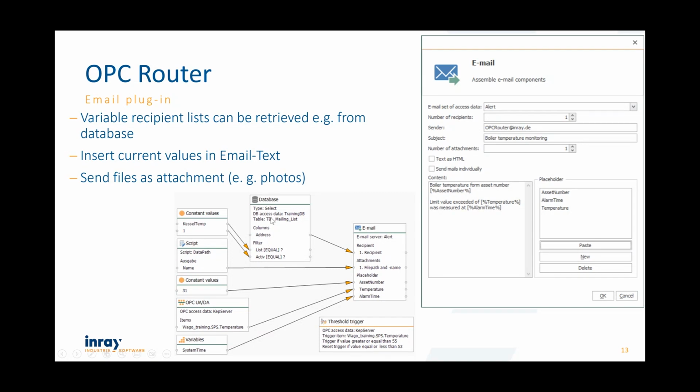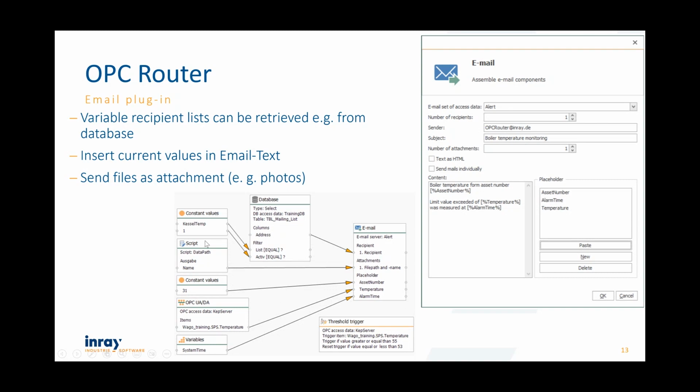Like Joe is responsible for production line number 2, Sven for production line number 5, and I don't know, Jan for production line number 10. Depending on the production line or asset number, the right email address will be inserted into the distribution list of that email.